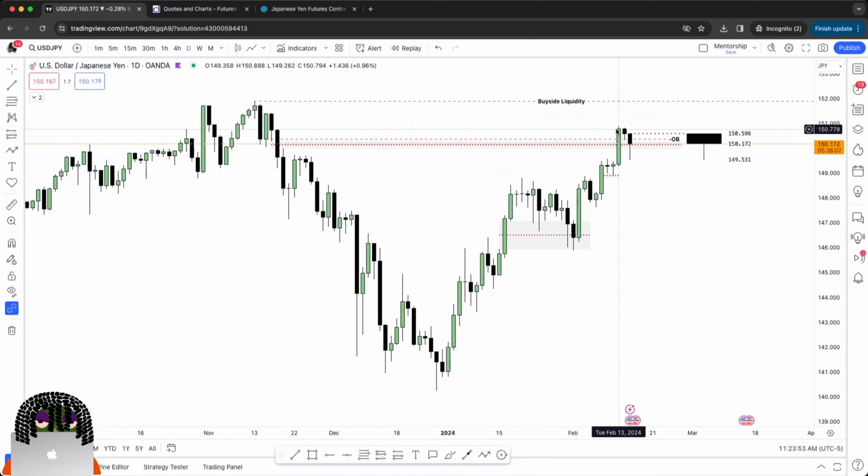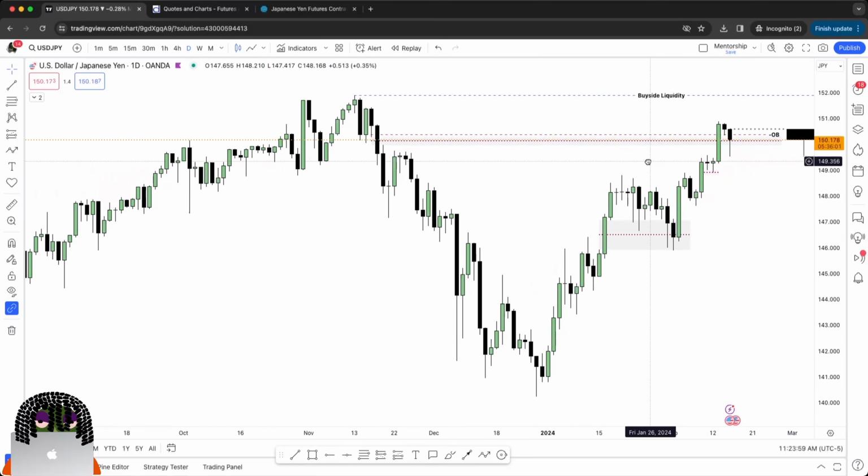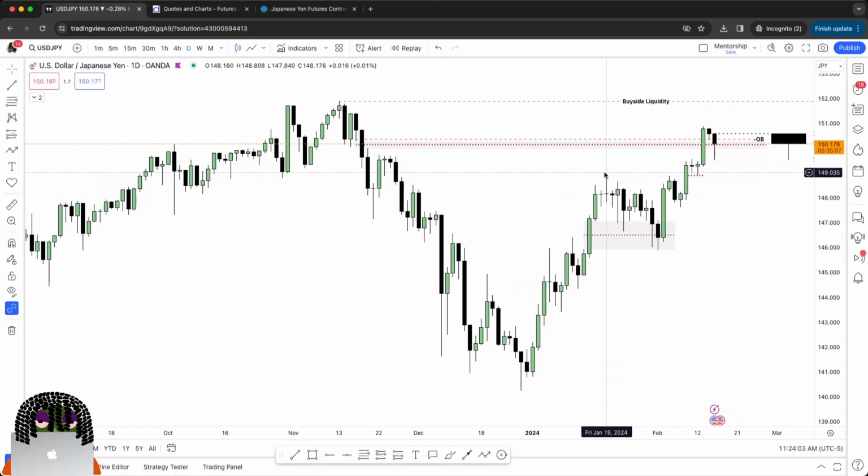Clearly it closed above it, but yeah, the beginning of February wasn't good. I took no trades last week, and we are on February 15th.